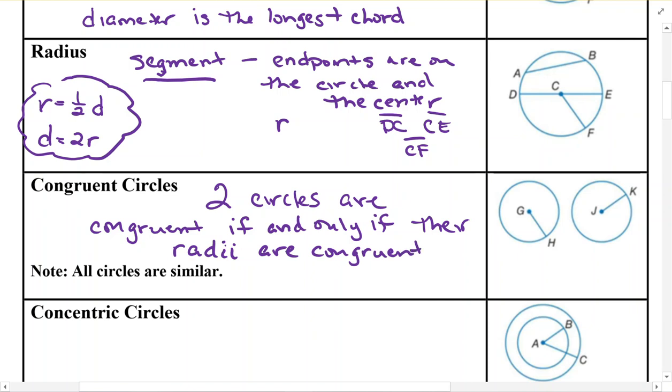So if and only if means it goes two ways. If you know that circles have two radii that are congruent, then the circles are congruent. If you know the circles are congruent, then the radii are congruent. And the other thing to note is that all circles are similar because the only thing that changes is the length of the radius. And so it's just going to dilate in and out.